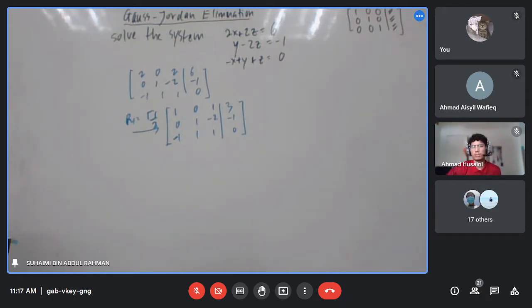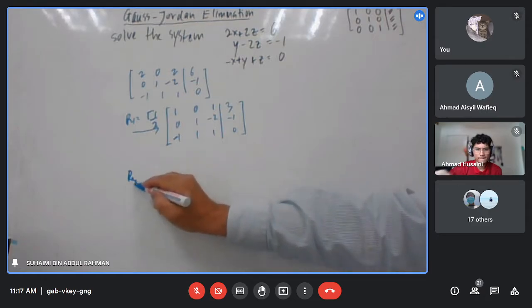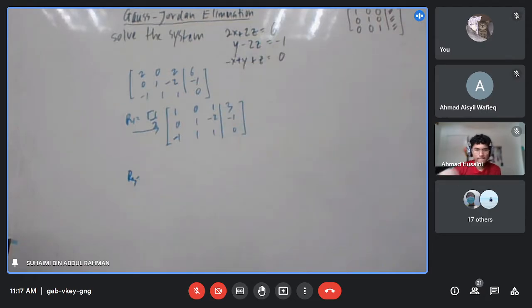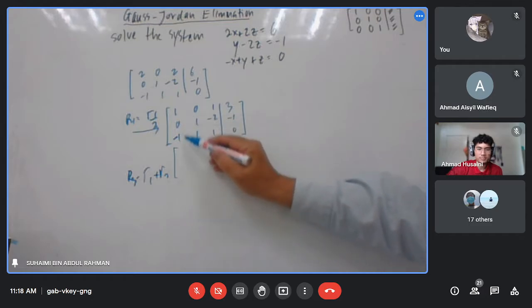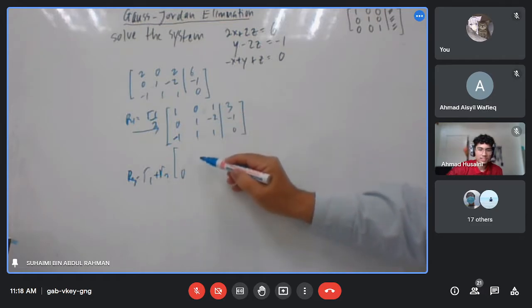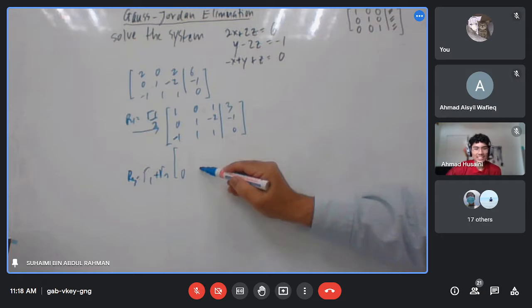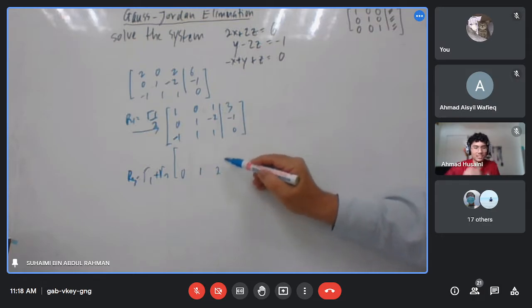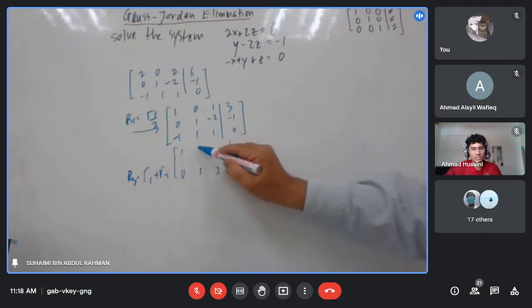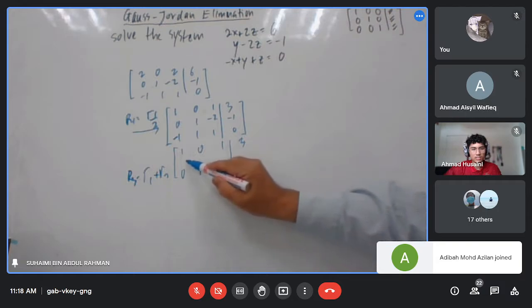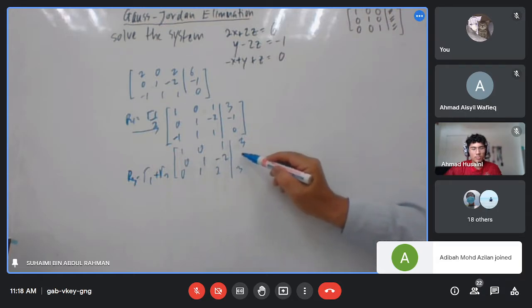So we have to change row number 3. Row 1 plus row 3. Okay: 1, 0 plus 1, 1, 1 plus 1, 2, 3 plus 0, 3. So 1, 0, 1, 3; 0, 1, minus 2, minus 1.